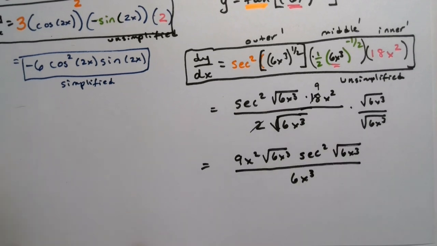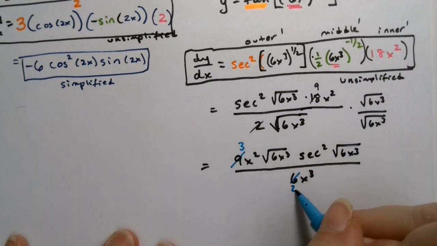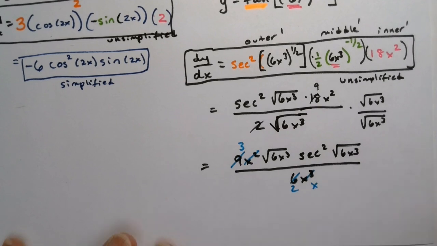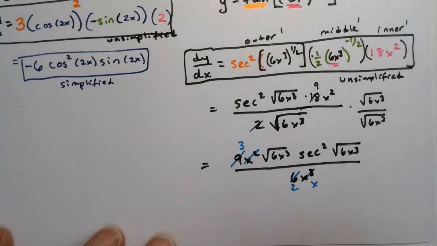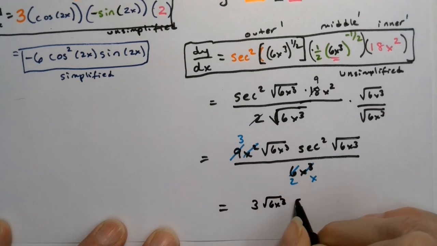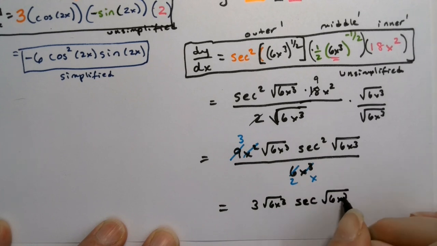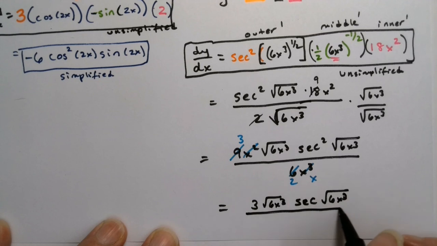That becomes a 3, and that becomes a 2, and that becomes an x. So this would be 3 square root of 6x cubed secant squared of square root of 6x cubed over 2x. That is the simplified version.